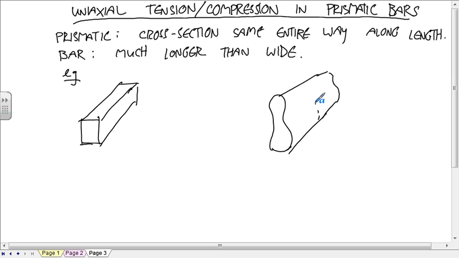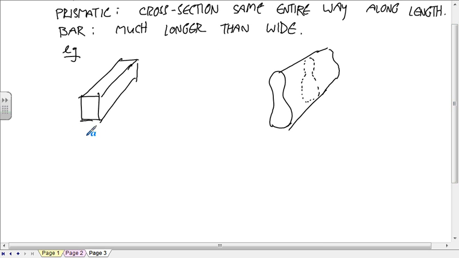So if you look at this point, the cross section is the same as it was at the ends. Okay, so consider tension first.